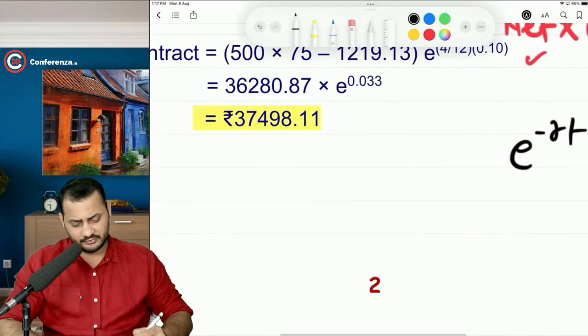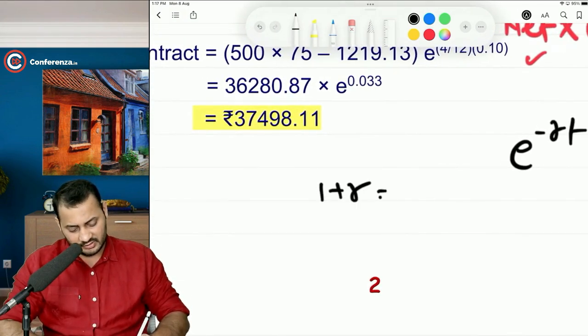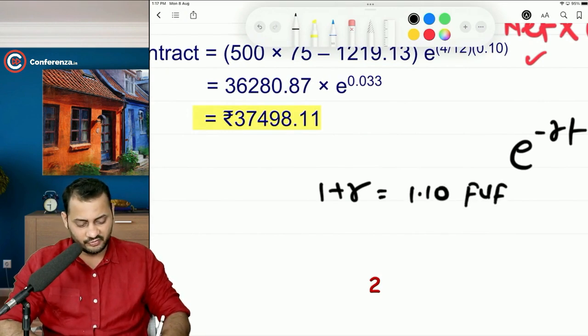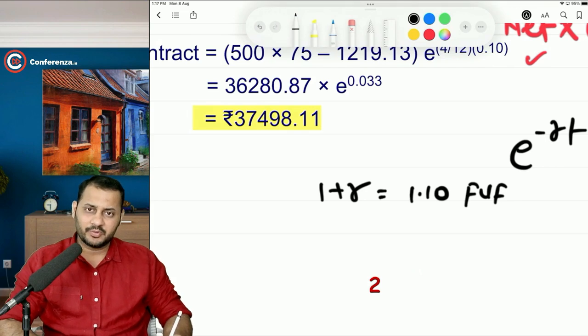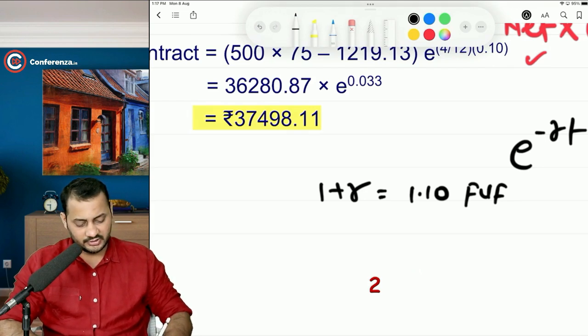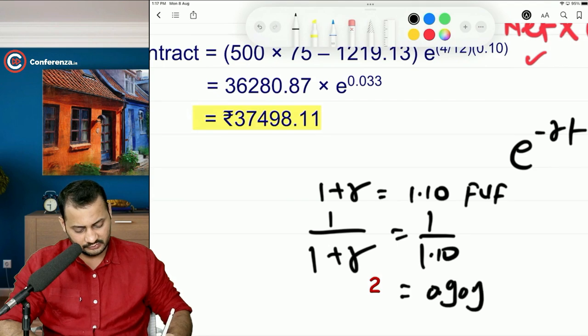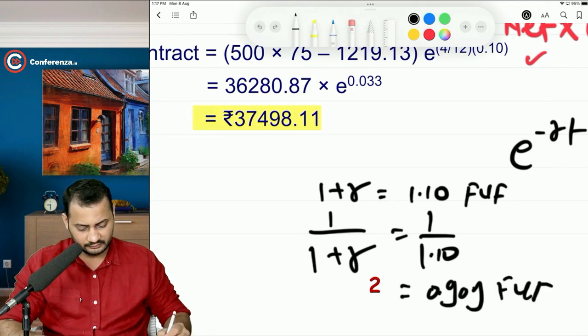And the logic is very simple. 1 plus R is equal to 1.1. This is the future value factor. How to calculate the present value factor of this? Just invert this figure: 1 divided by 1 plus R, 1 divided by 1.1, which is 0.909. This is the present value factor.